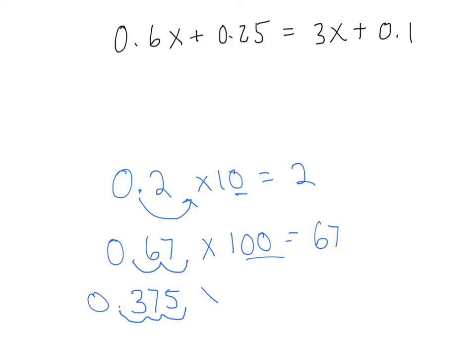So what do you think I'm going to multiply by? 1,000. And that's going to get me 375. 1, 2, 3 zeros, 1, 2, 3 decimal moves, and I get my whole number. So this is going to be the basis for what you need in order to get rid of the decimals.